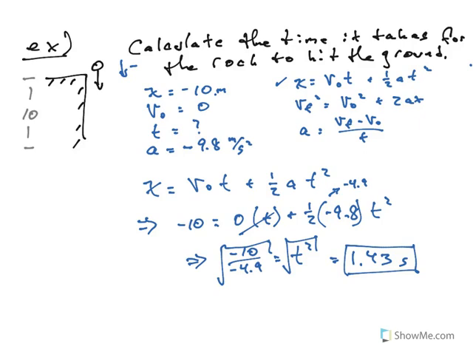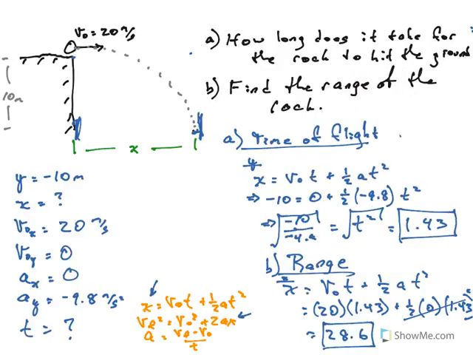And I go through, I look at the first one. Does it have a t? If it does have a t, do I have all the other information? If I don't, I move on to the next equation. If I do, then I use the equation, plug all the numbers in, solve for whatever variable I'm looking for algebraically, and I get my answer. Here we have a two-dimensional problem, but the method is the same.